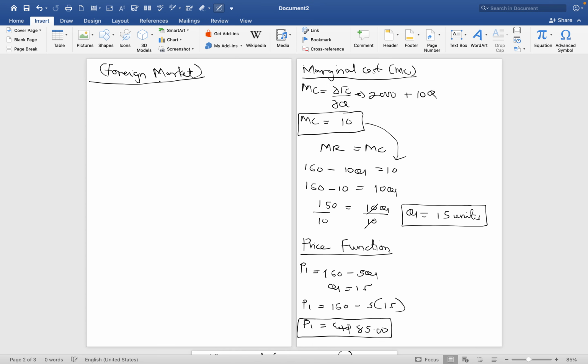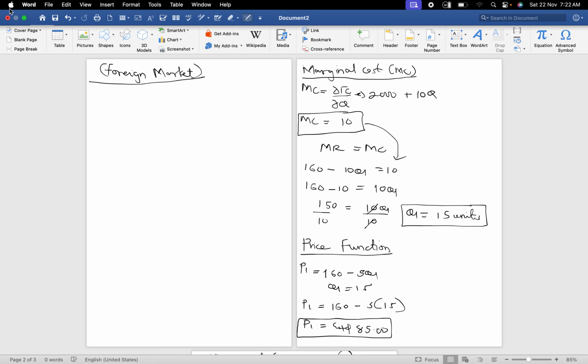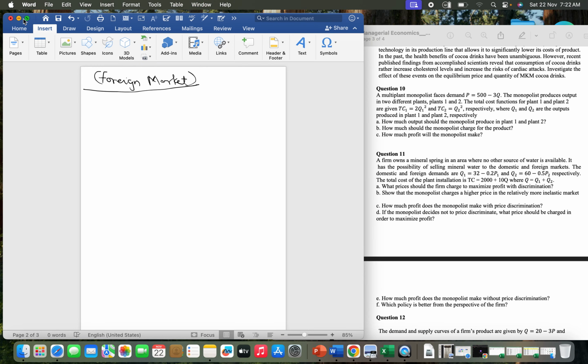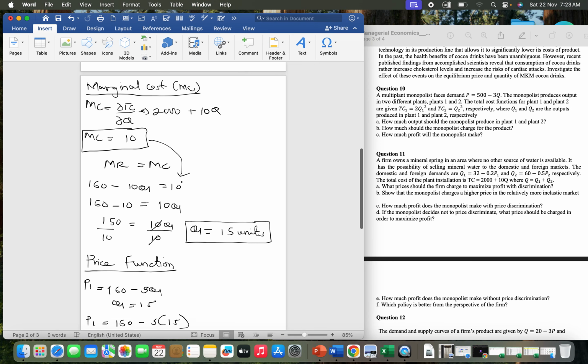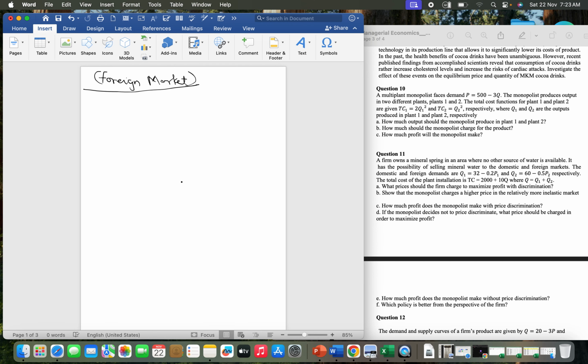So with the foreign market too, let me scroll down, or if possible, let me do it this way. With the foreign market, okay, from the question we have Q2 is equal to 60 minus 0.5P2. So you also have to make P2 the subject.